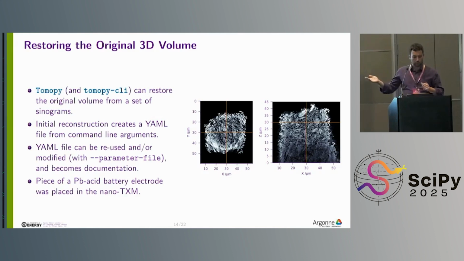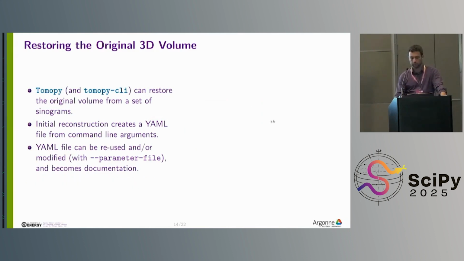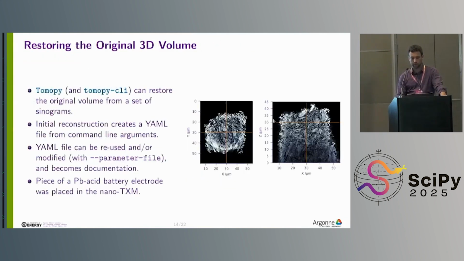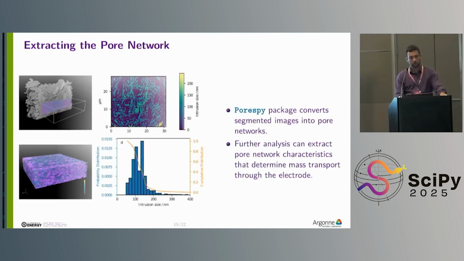So we were looking at some of these lead-acid battery electrodes, and you can see from these reconstructed images that there's a good deal of structure inside the electrode that has a big impact on how the material is going to behave. In order to analyze that a little bit more, we use this PoreSpy package, which will do network analysis on segmented data like this.